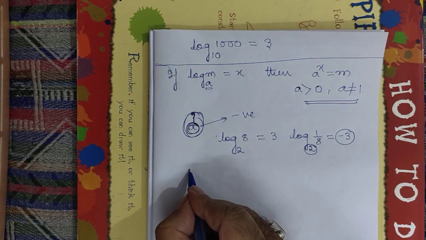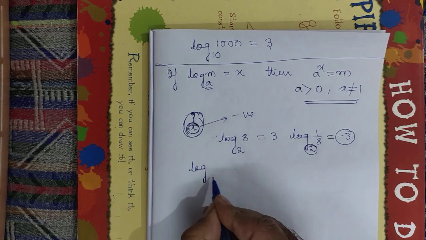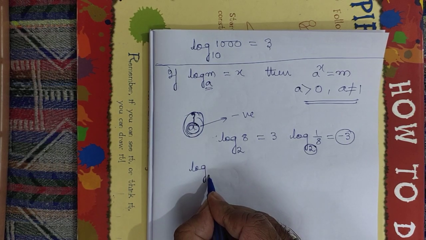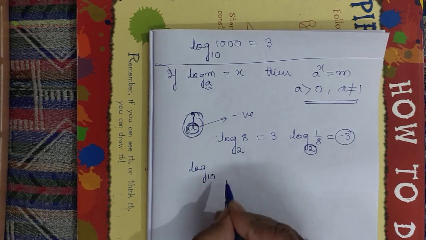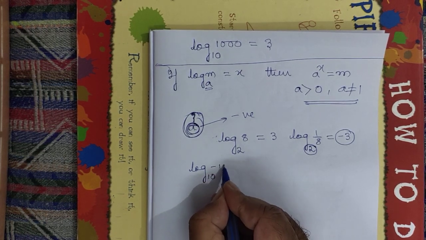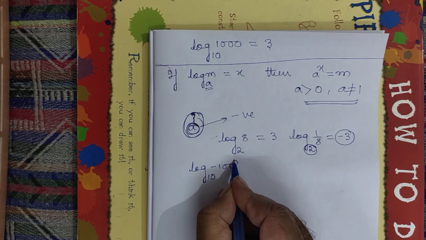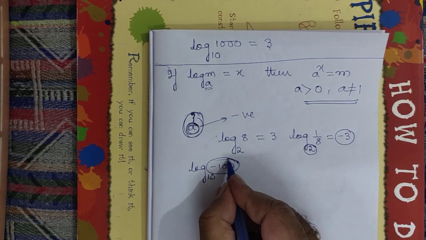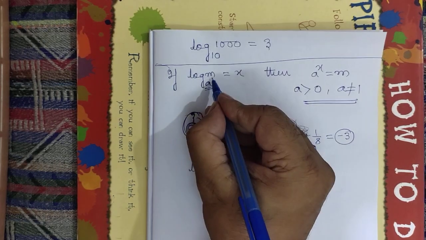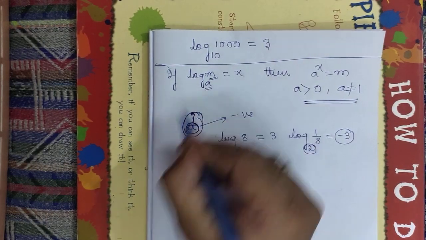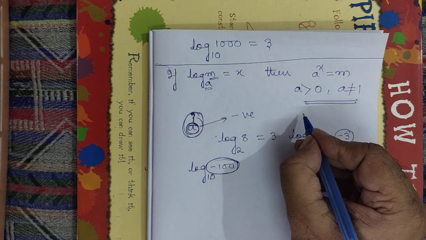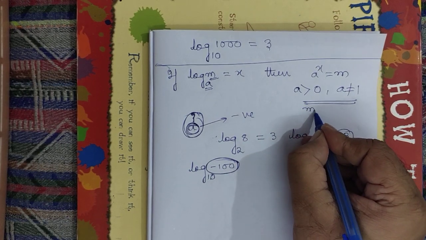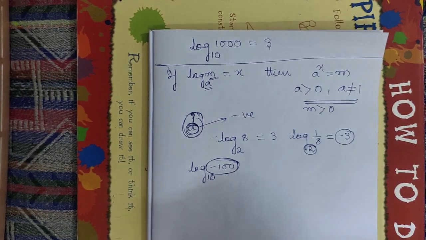Now if I say log of any positive base, say 10, and I put a negative value here, can this be possible? A positive value to the power anything must be positive. So naturally, the value of which we are taking the log also cannot be negative. Simple. m must be greater than 0.